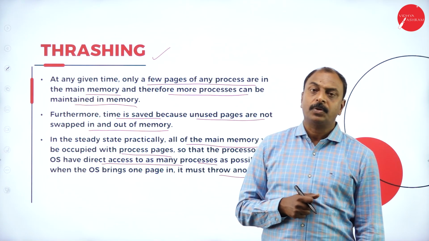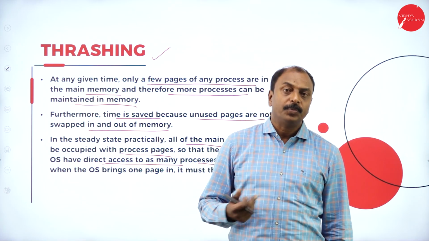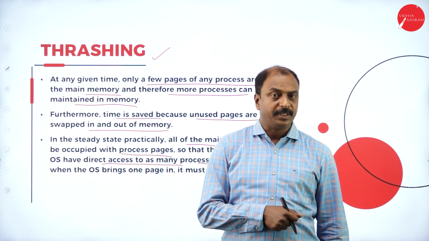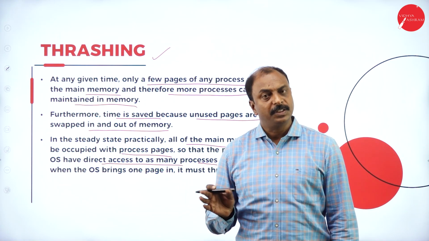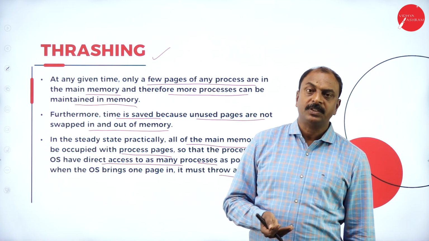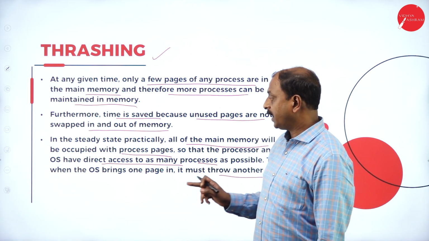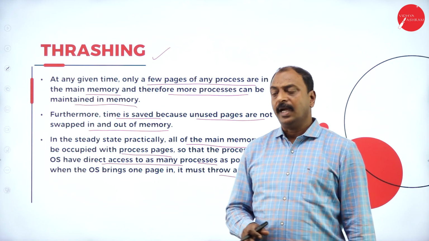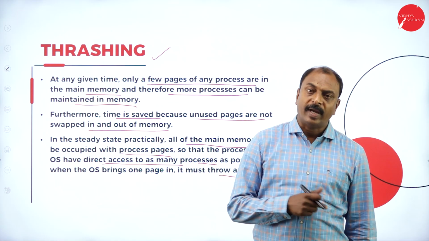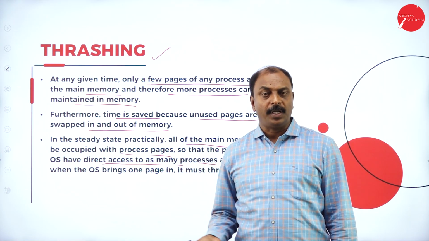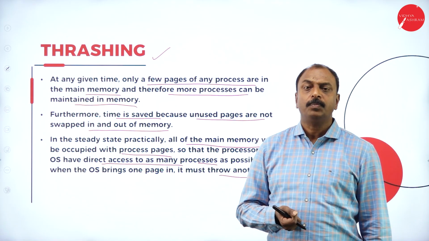In a multiprocessor operating system, more than one process has to be executed simultaneously. At that time, it is not practically possible to bring all the pages of all the processes into memory for processing. So during that situation, the CPU has to swap out pages from the main memory and swap new pages into the main memory for processing.